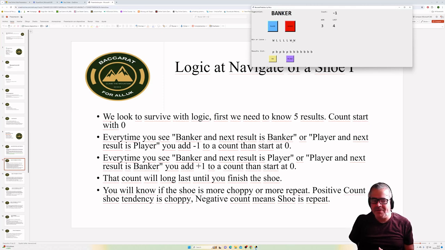It is unbelievable in a game that is almost 50%. When you bet choppy, you have a slight advantage, so to say. It doesn't mean that it's going to be profitable, but you need to understand that the opposite is coming more often than the same.